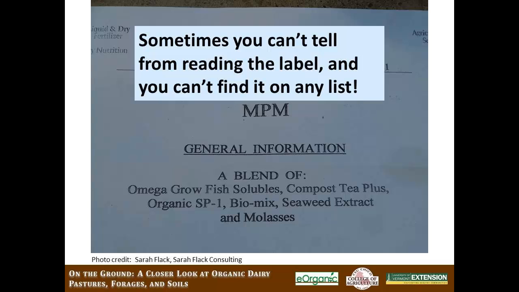There's something called Compost Tea Plus that is made up of multiple ingredients, and then several other blends. And so this is a product where you're going to need to go back to the fertilizer salesman or manufacturer and get some additional detail from them on what this is made from. And then you'll need to send that information to the organic certifier to see if they can approve it to use on the farm. So you can't always tell everything from reading the label.